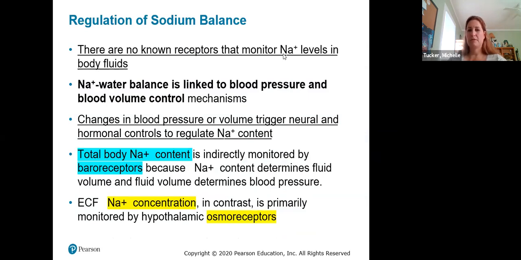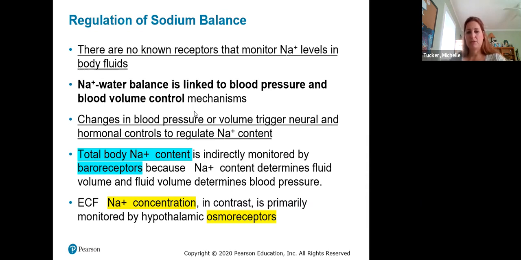There are no receptors that actually monitor sodium levels. Everything measures stretch or osmotic balance, but there's not a technical sodium receptor that monitors sodium. So what it does look at is osmolarity or stretch. Sodium water balance is linked to blood pressure, and that's because it affects the amount of blood volume, so the amount of water going through the hose.